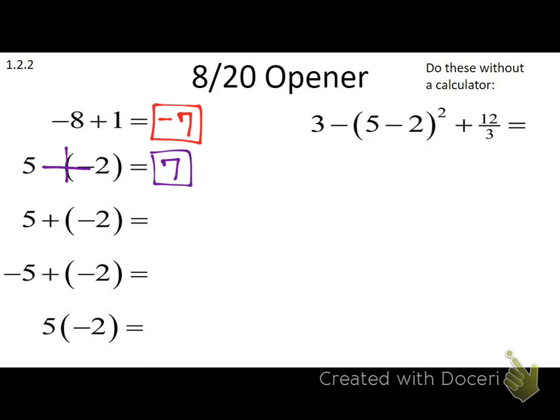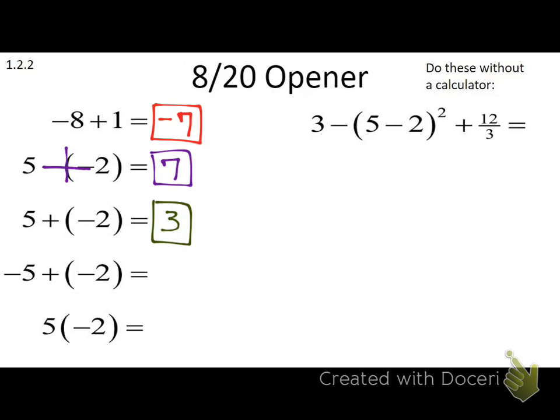Moving right along. This next one, we have different signs, correct, Hannah? If I have different signs, I'm going to find the difference. What does difference mean? Subtracting. So what's 5 minus 2? Which number's bigger, 5 or 2? What type of charge does 5 have? So my 3 is going to be a positive.